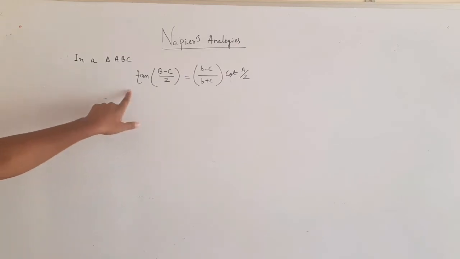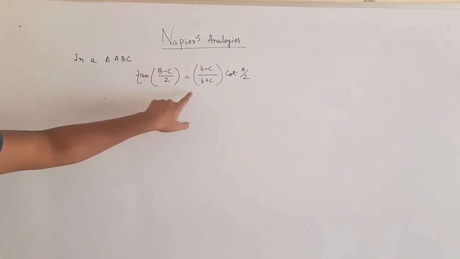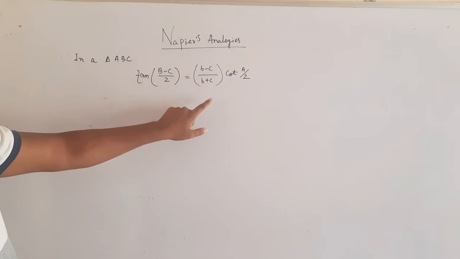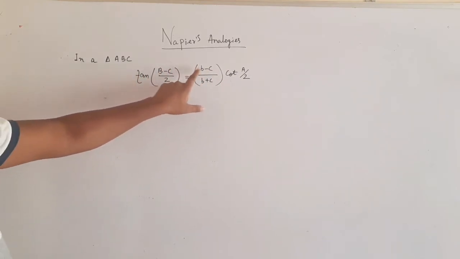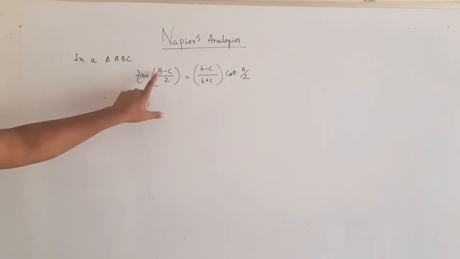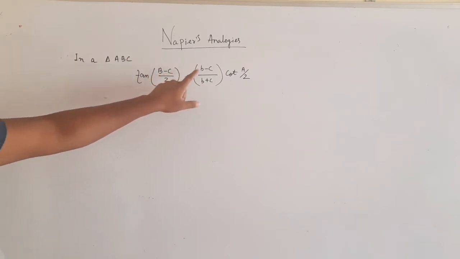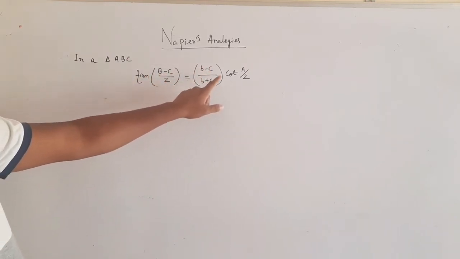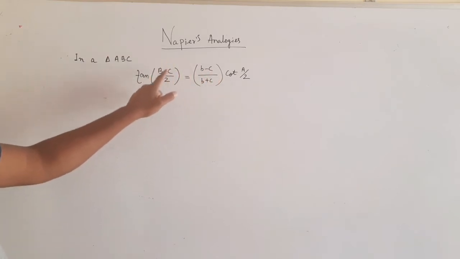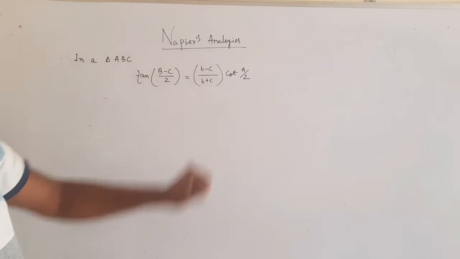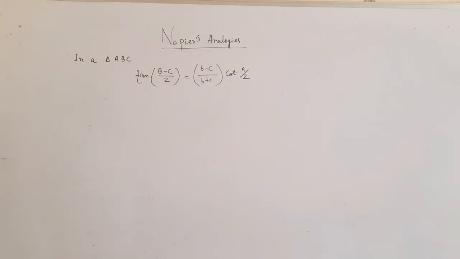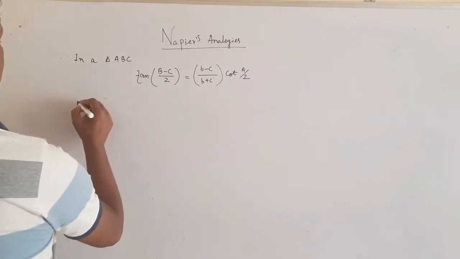There are other forms also: tan of (A minus B) upon 2 is (a minus b) upon (a plus b) into cot of whatever is missing, which is C by 2. And tan of (A minus C) by 2 is (a minus c) upon (a plus c) into cot B by 2. So three relations are there. These are called Napier's analogies, and now we have to find how to prove it.